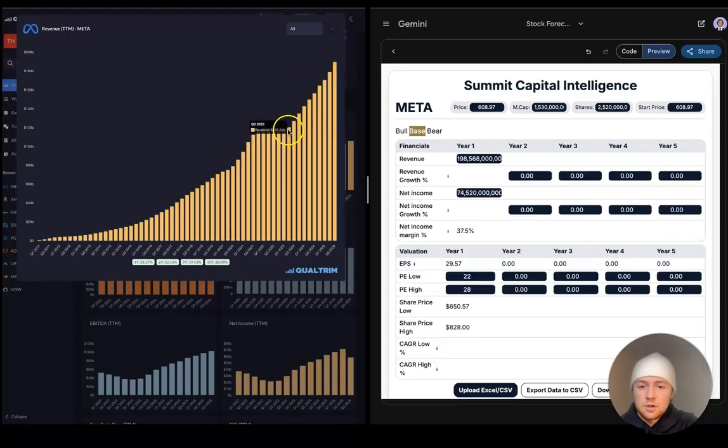Like Q3 of 2023, they had 127 billion dollars of trailing 12-month revenue. 2 years later, we're at 190. Right? That's insane growth for such a massive base. $127 billion is a lot of money, and for them to grow at a 22% compounding growth rate over the last 2 years on that base is absolutely insane.